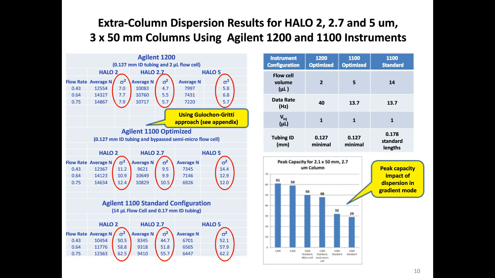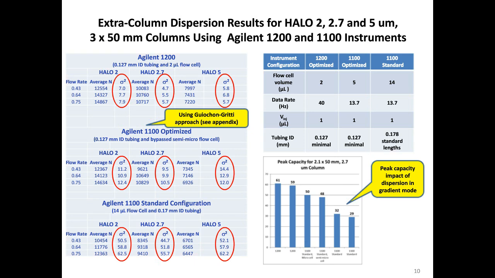What you can see in the middle of the slide on the left is that you can make some changes to the configuration and bring that dispersion way down, even with the very slow detector rate of nearly 14 hertz. So you can approach very closely the performance of a more modern instrument with a faster data rate and a small flow cell.